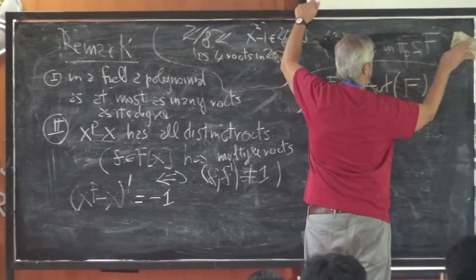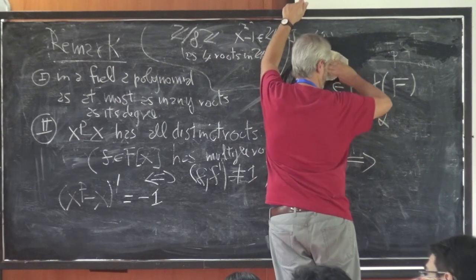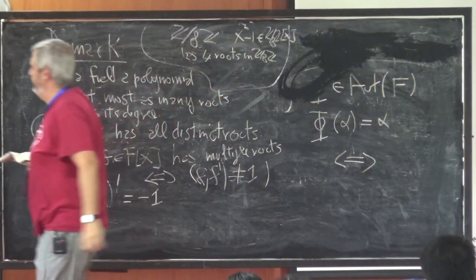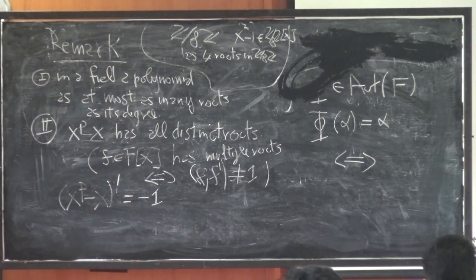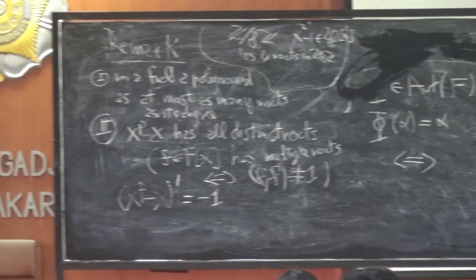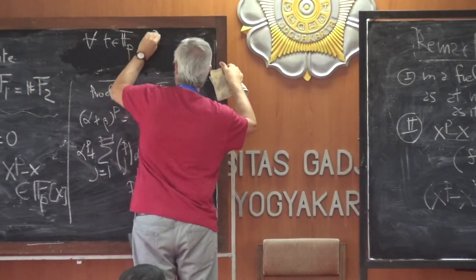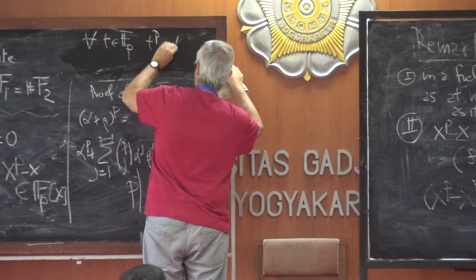Another remark, which is the last, regarding Frobenius: for any t in Fp, t power p is equal to t.